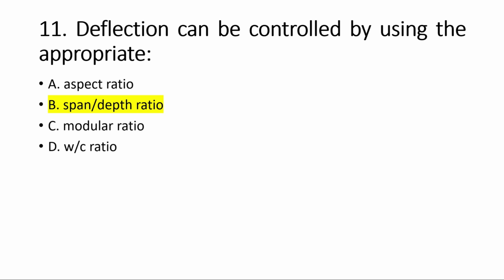As per IS 456-2000, the vertical deflection limits for span to depth ratio for different conditions should not be greater than 7 for cantilever beam, 20 for simply supported beam, and 26 for continuous beam. So the span to depth ratio is important to control the deflection. This is an important clause in IS 456-2000. So move on to the next question.